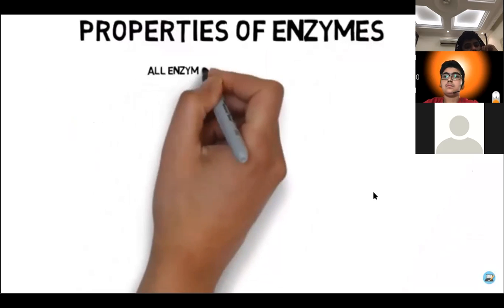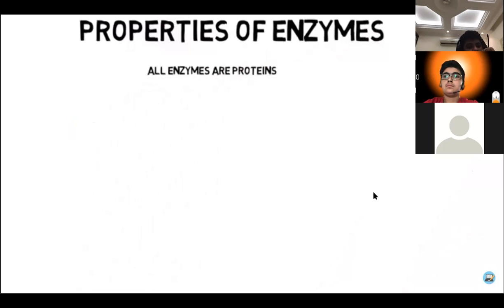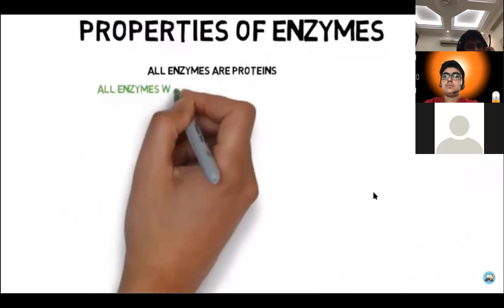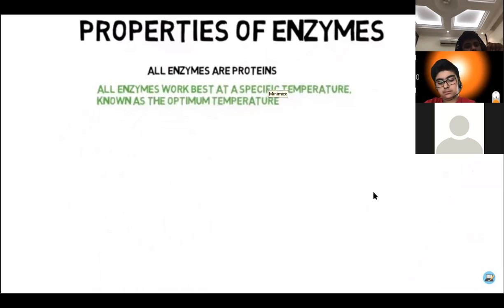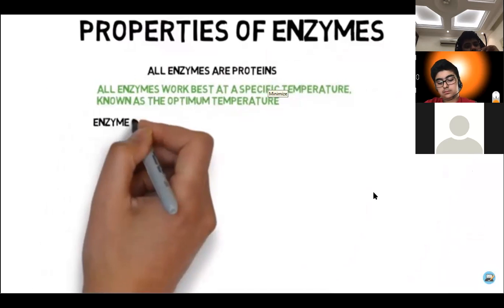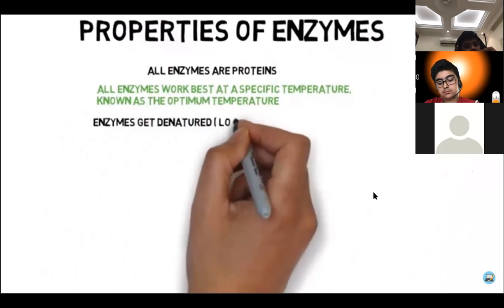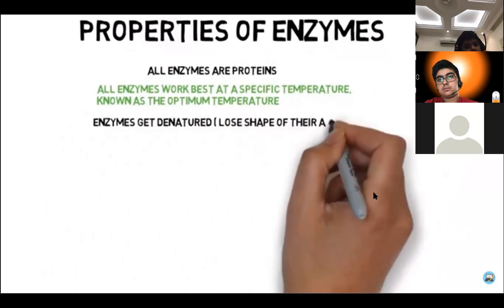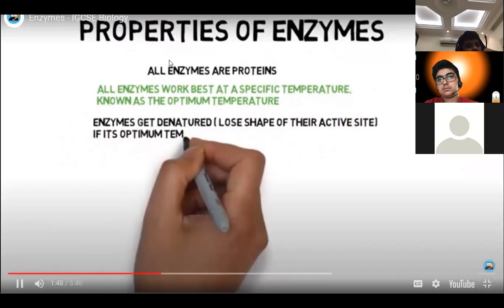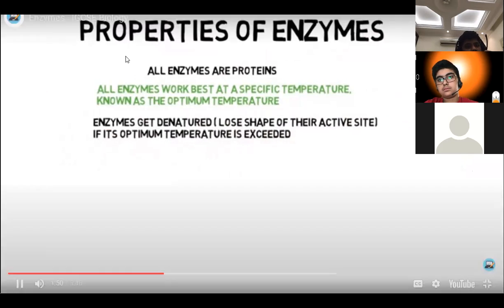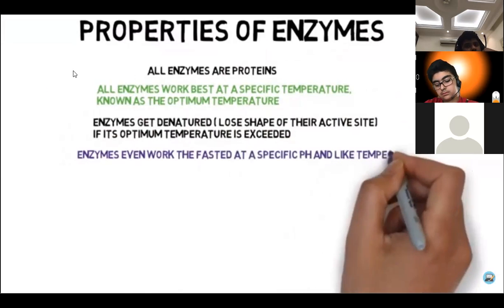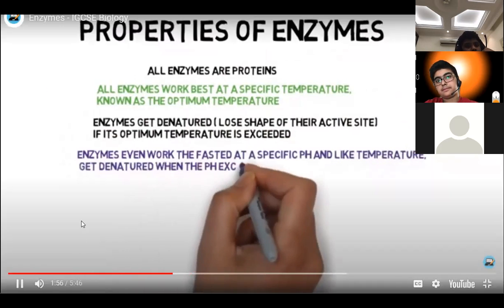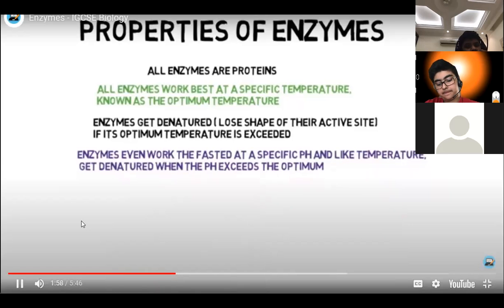All enzymes are proteins. All enzymes work best at a specific temperature, known as the optimum temperature. Enzymes get denatured, lose the shape of their active site, if the optimum temperature is exceeded. Enzymes work the fastest at a specific pH level and, like temperature, get denatured when the pH exceeds the optimum.